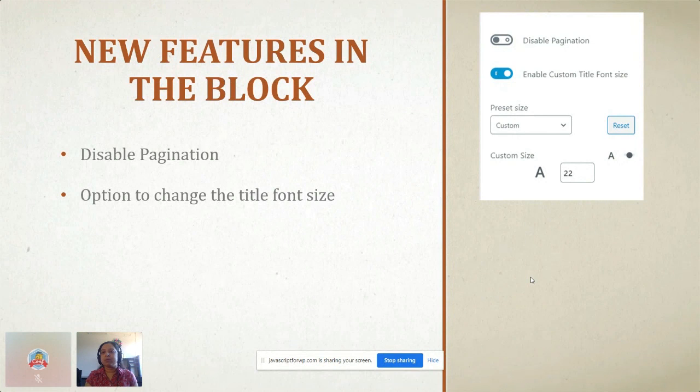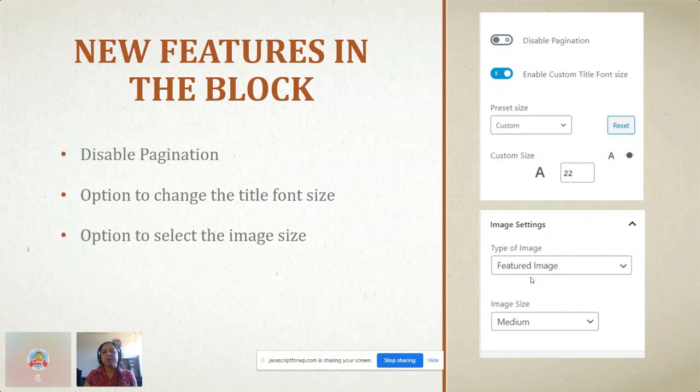And this was not part of the shortcode, but Gutenberg makes it really easy to add these little things into our blocks. And we also had the option to select an image size for our listings. So the users can choose between a featured image or a logo in their listings.